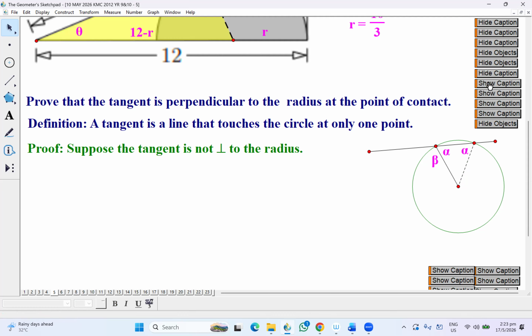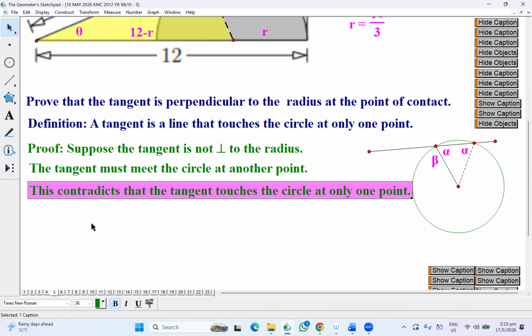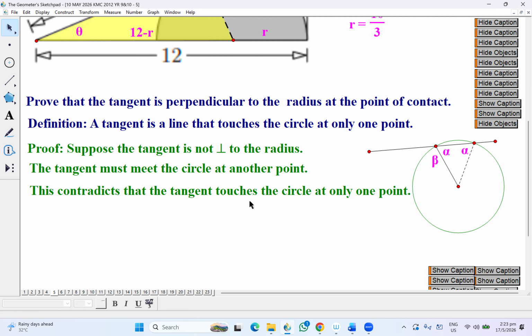Because it is not perpendicular, it must meet the circle at another point. If beta is acute, then you will meet on this side. This contradicts the fact that a tangent touches the circle at only one point. Our line is a tangent. We suppose not perpendicular, then it touches the circle at another point.